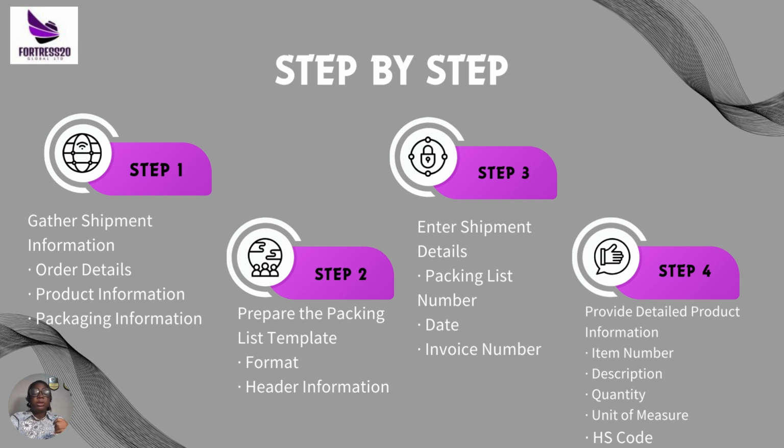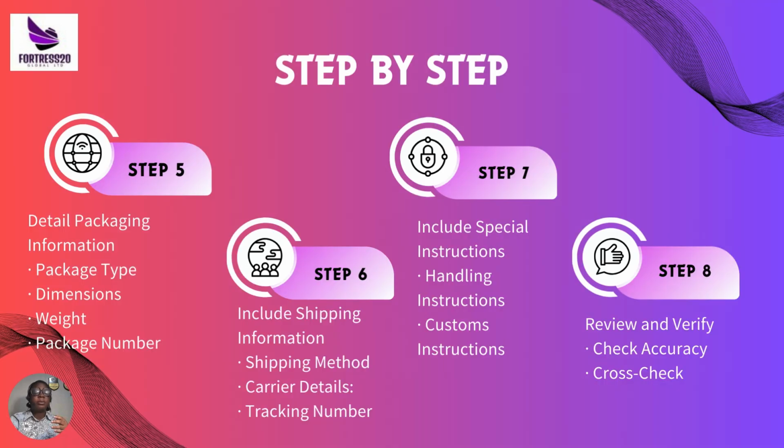Step 4 is to provide detailed product information with the item number, description, the quantity, the unit of measure, whether it's in pieces or in kilograms, the HS code, which is typically required for customs.